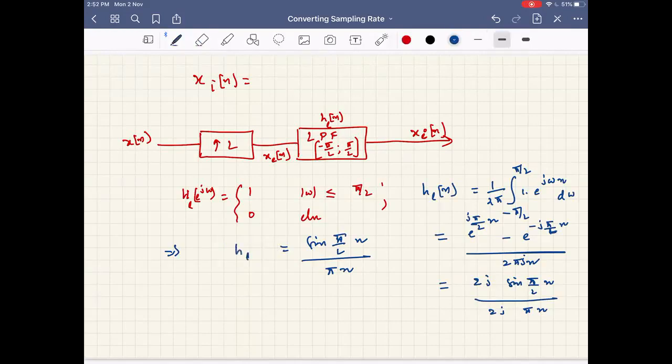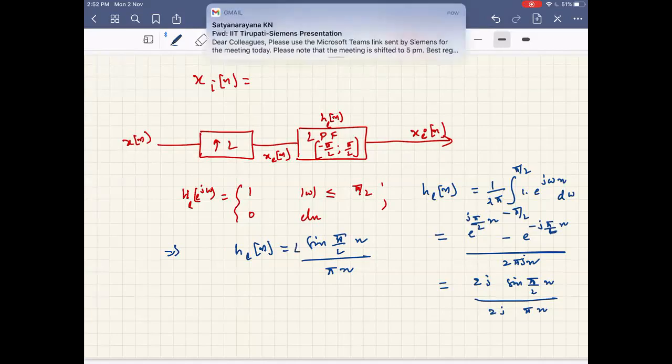HL of n is this, right? So ideally, we wish to have HL of 0 to be 1, so that in the time domain the samples we get will be exactly similar to x of n, the interpolated samples.